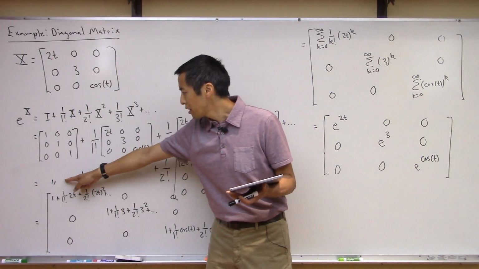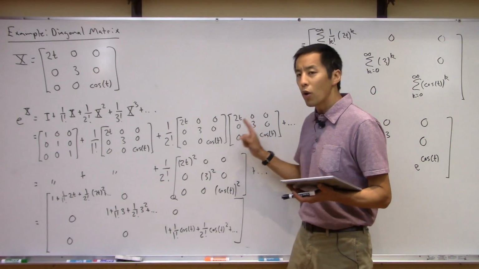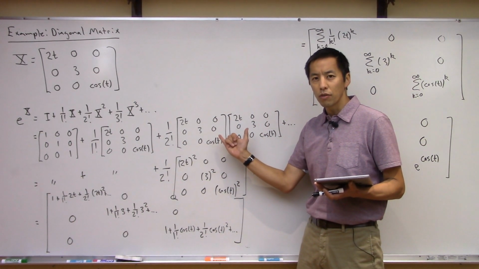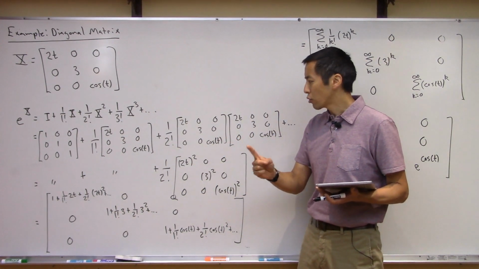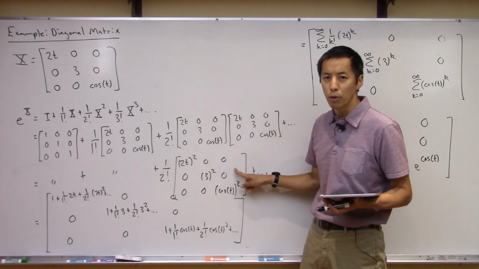Okay, so now let's go down one more line. The identity matrix stays the same, this term stays the same. Now this one, what makes it really interesting for a diagonal matrix is that matrix multiplication actually is the same thing as element-wise multiplication, right?